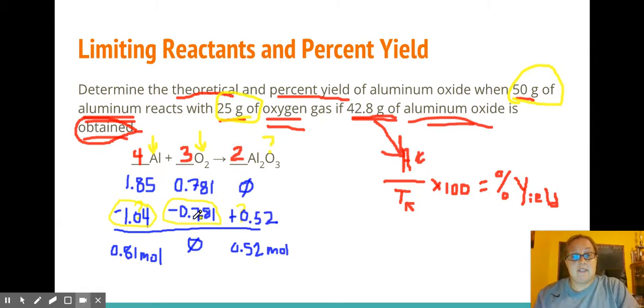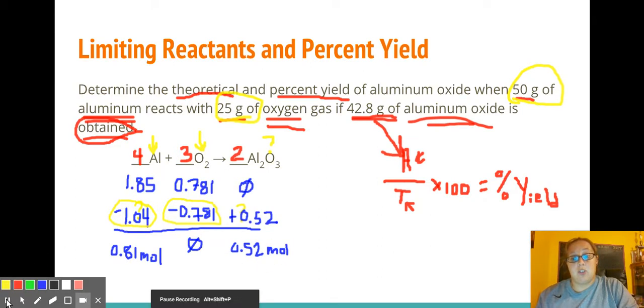So 0.781 divided by 3 times 2 gives me 0.52. Now, to figure out my ending values, all I do is work the math. Since this is reacting, it's decreasing by 1.04. Since this is being produced, it's adding 0.52 moles. So I have 0.81 moles left in excess, 0 left of my O2 because it's my limiting reactant, and then 0.52 moles has been produced for the aluminum oxide.